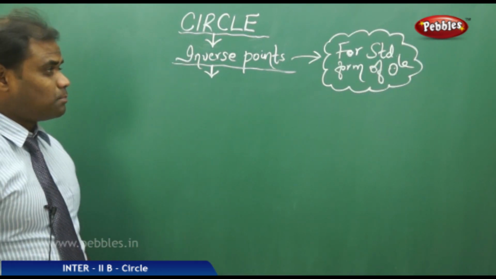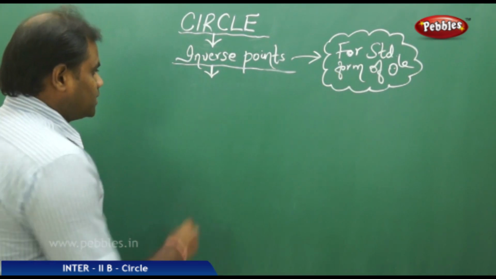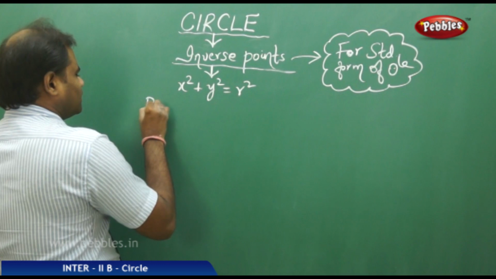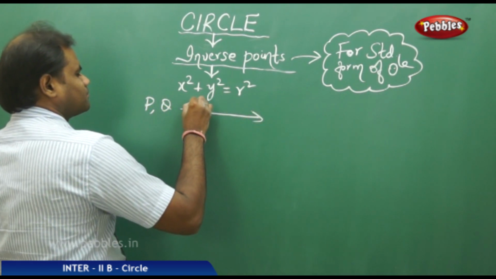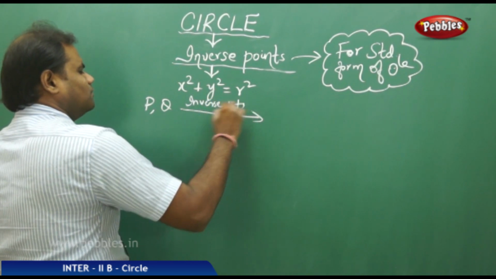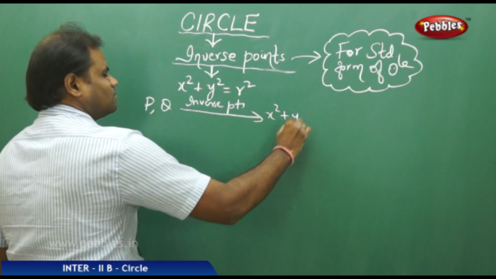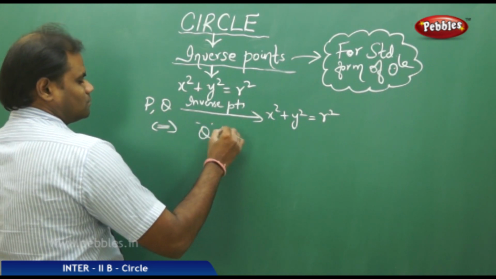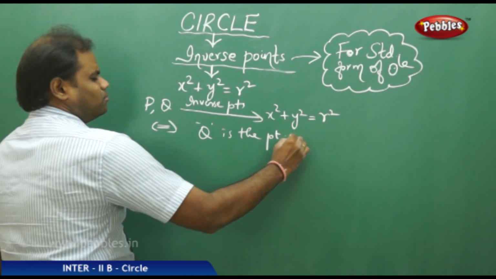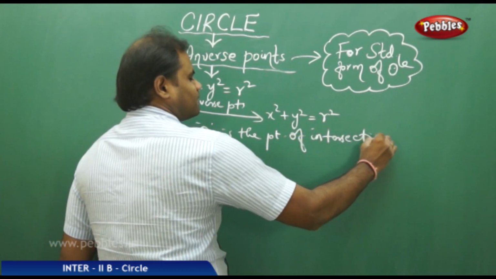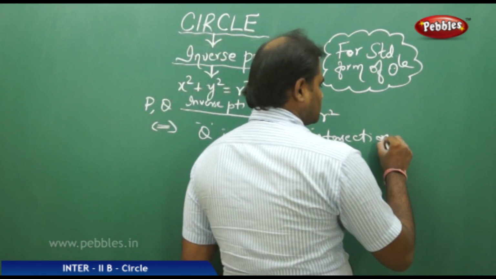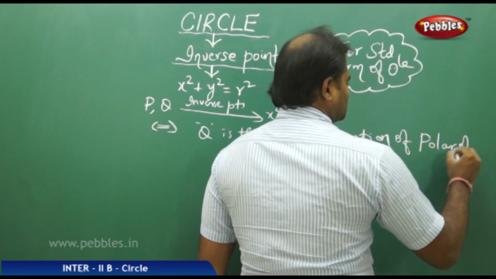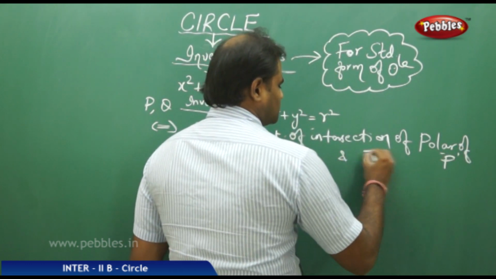Now let's see the inverse points for standard form of circle. That is, if I take the circle in the standard form as x squared plus y squared equal to r squared, then P and Q are said to be inverse points for this if and only if Q is the point of intersection of polar of P and CP.